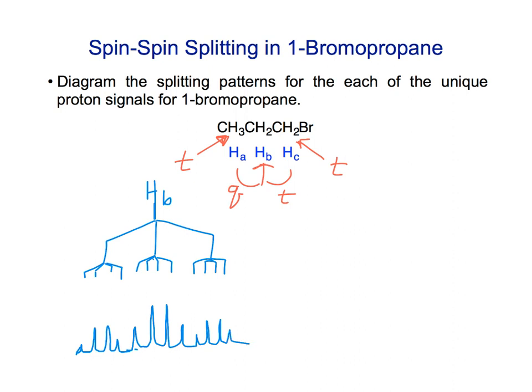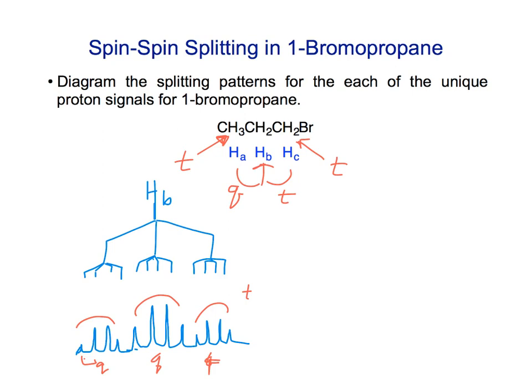Essentially, here to here to here, these peaks are the triplet. There's three quartets, and then within those, we have these quartets here and here and here. So that's what you would get if the coupling constants are very different.